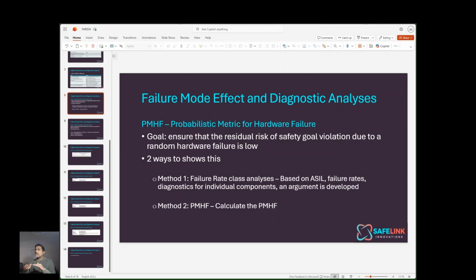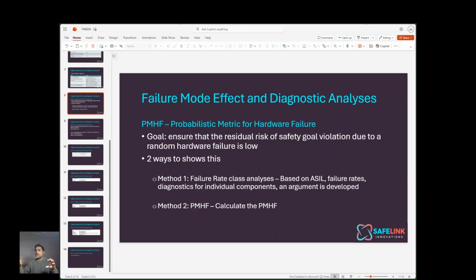Now, this is the idea. How do we make sure that it's low? There are two ways of going about this. Number one is called a failure rate class analysis. What we're doing in a failure rate class analysis is looking at individual components. We have sensor 1, sensor 2, actuator 1, actuator 2, and the control unit, so 5 components.